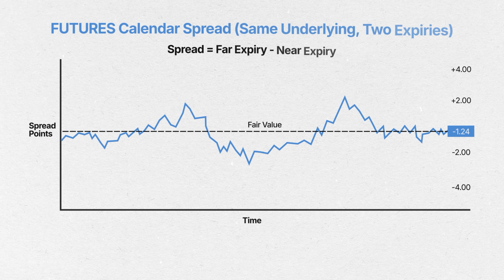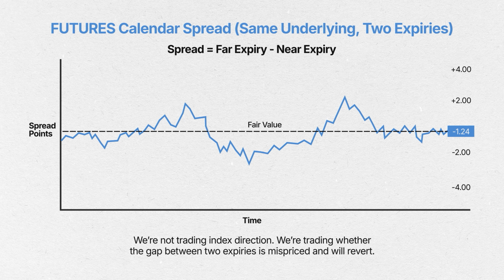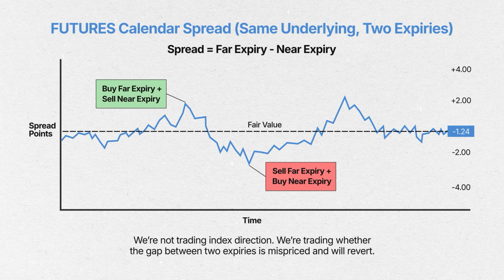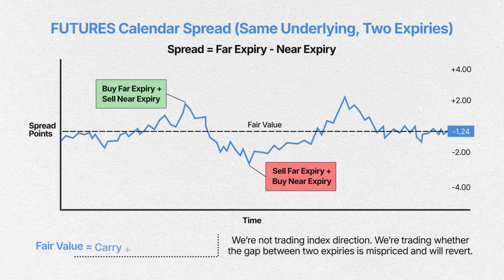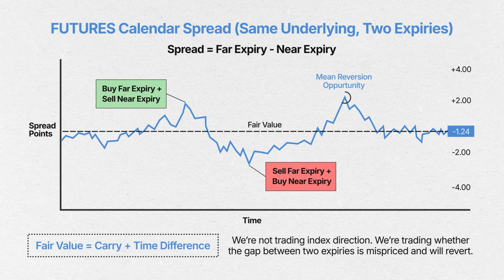Now, instead of taking a directional view, we construct a position that is long one expiry and short another, effectively isolating the price difference between the two contracts. There is a fair value for the spread driven by carry and time to expiry, and when the market prices this relationship away from that fair value, it creates a mean reversion opportunity. Such a trade is exited not at expiry but when the spread converges back to its normal range.